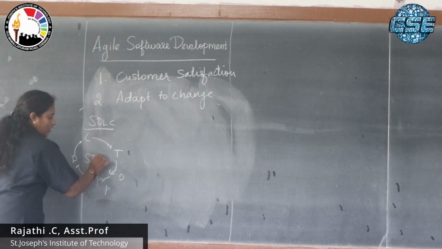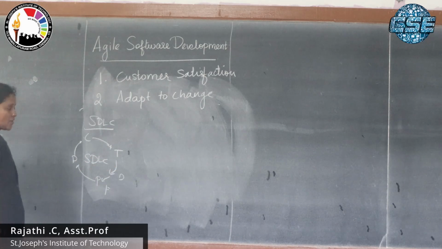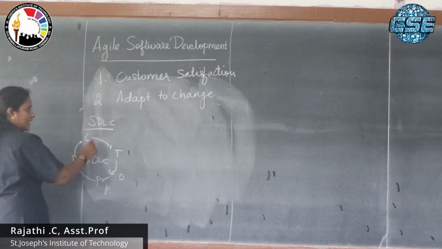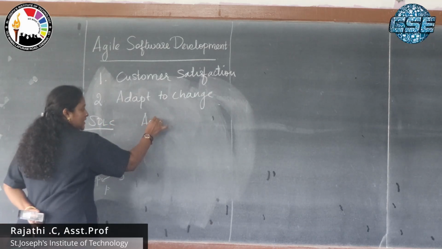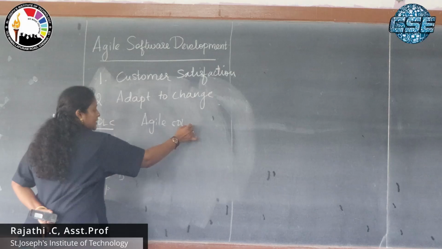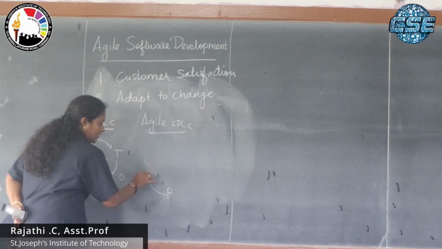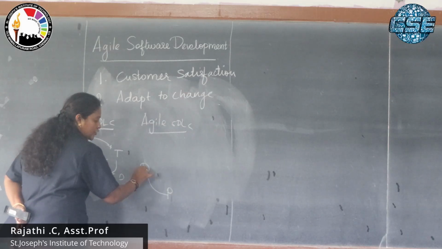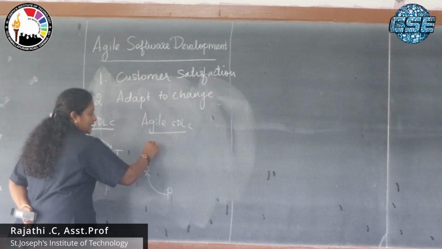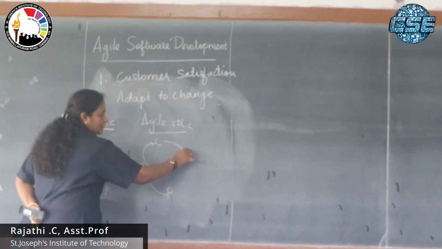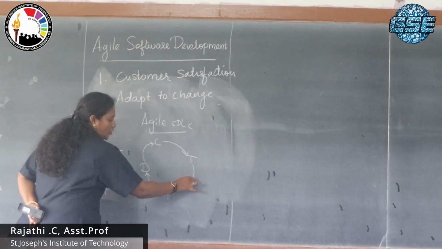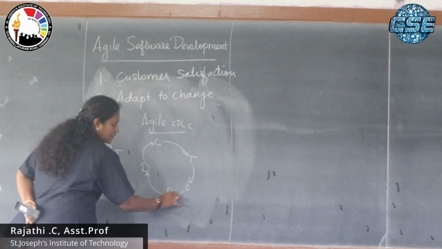But in the Agile software development life cycle, I plan, then based on this plan we make the design, based on the design coding is performed, then we test, deploy and get feedback.